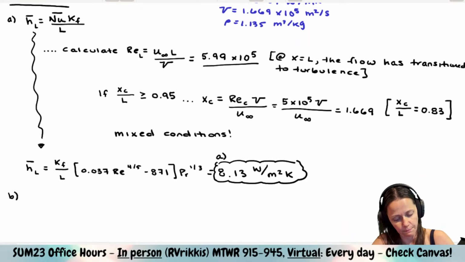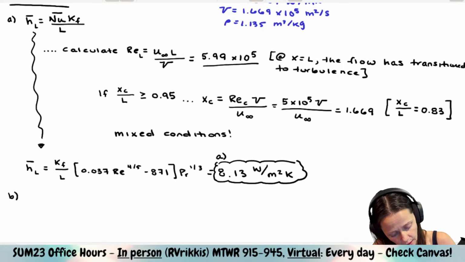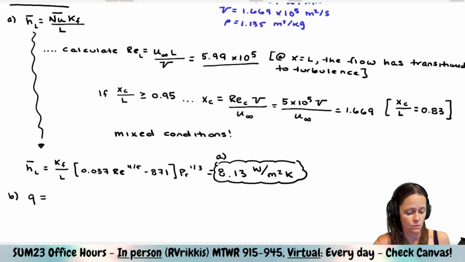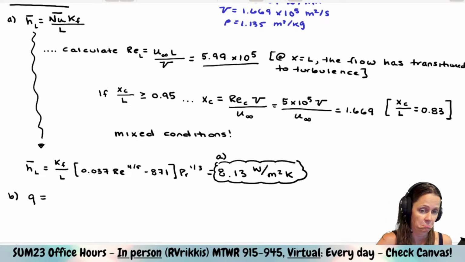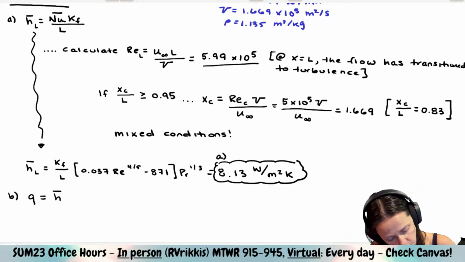So that's A. Part B is asking for, what did it ask us for? Heat transfer rate, so that's Q. Okay, so we're looking over the plate. Well, that's just going to be Newton's law of cooling, isn't it?